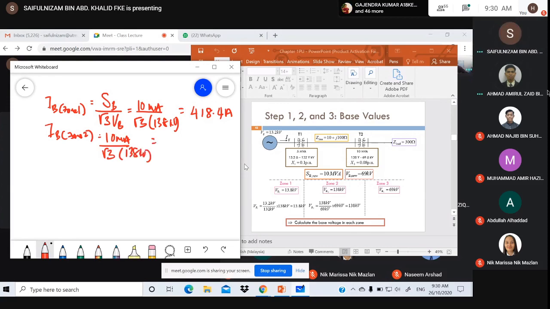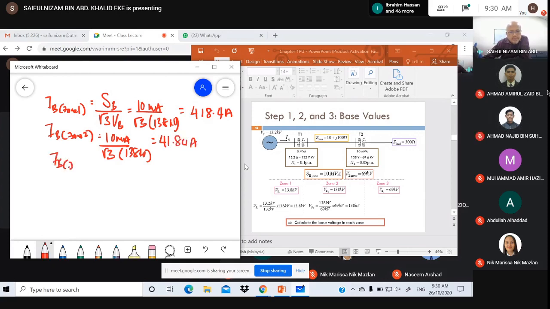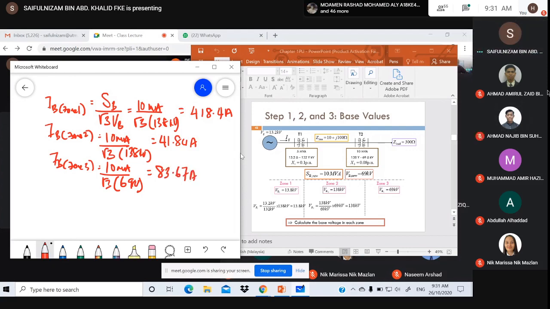What is the base current for zone 2? 41.84. Right. So I base for zone 3 equals 10 MVA divided by root 3 times the new base voltage, which is 69. So what is the new base current? 83.67. Okay.